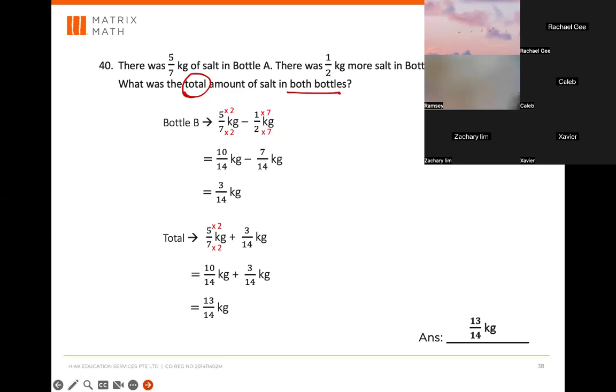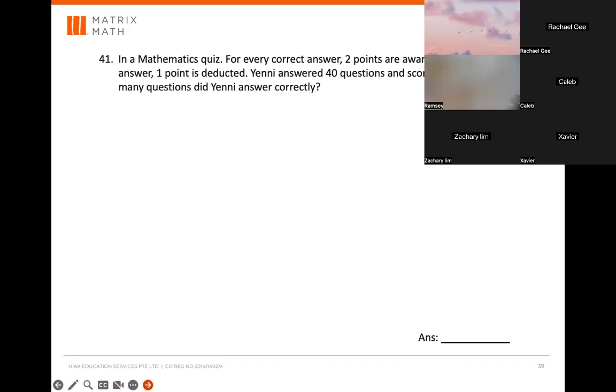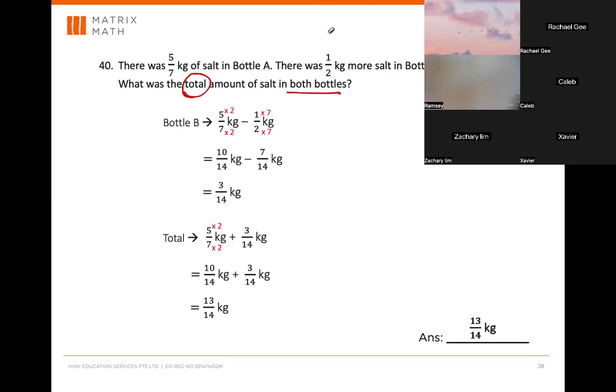Next, question 41. Question 41 here is an assumption question, okay?